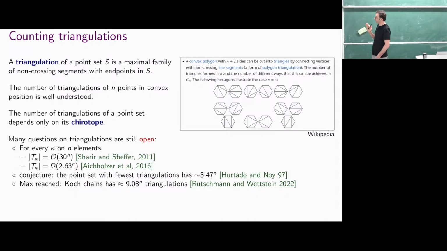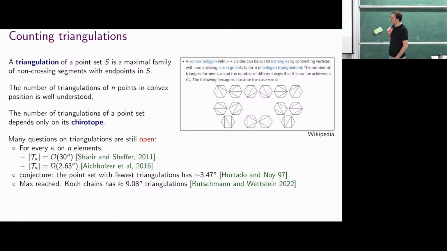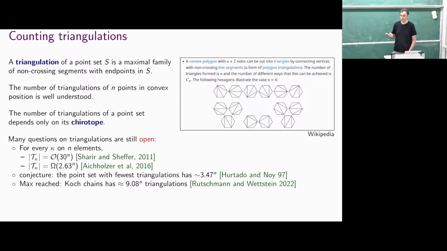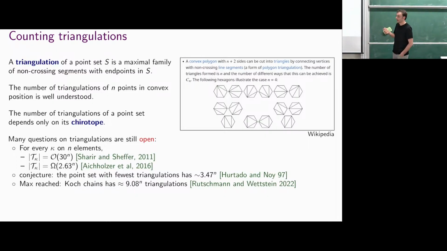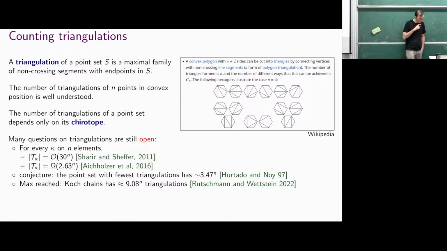So, we understand points in convex position, and that's about all we understand. We don't know what is the maximum number of triangulations that can be obtained. We don't know the configuration that is extreme. We don't know what the minimum number of triangulations is. We don't know what the extremes are, and so on and so forth. So there's a lot that we would want to know.